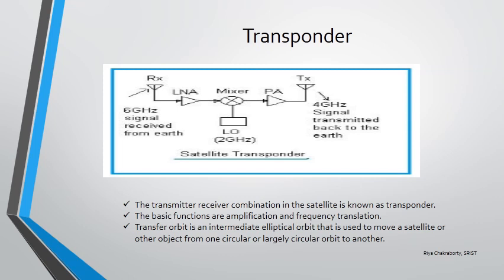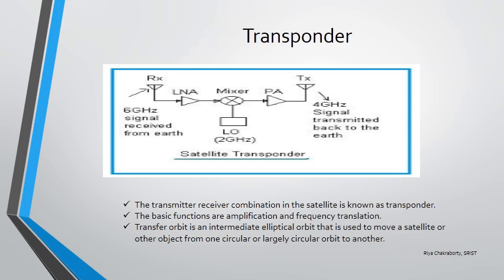And what is the definition of transfer orbit? It is an intermediate elliptical orbit that is used to move a satellite or other object from one circular orbit to another. So a transponder is nothing but a transmitter-receiver combination in the satellite.